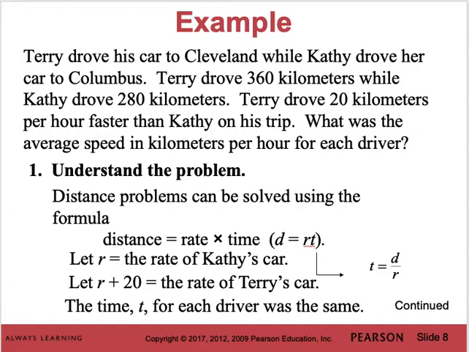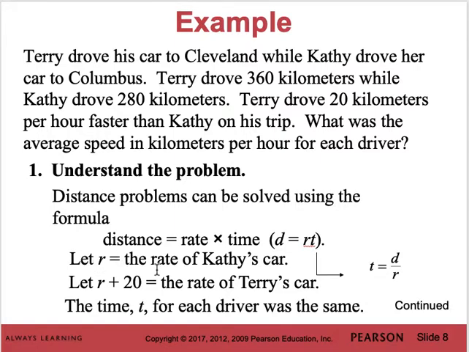So this one has us do a couple things. First, let's figure out what we need to know to solve this problem. We need to know average speed in kilometers per hour. That's called a rate. Distance is equal to rate times time. So we need to know this little formula.